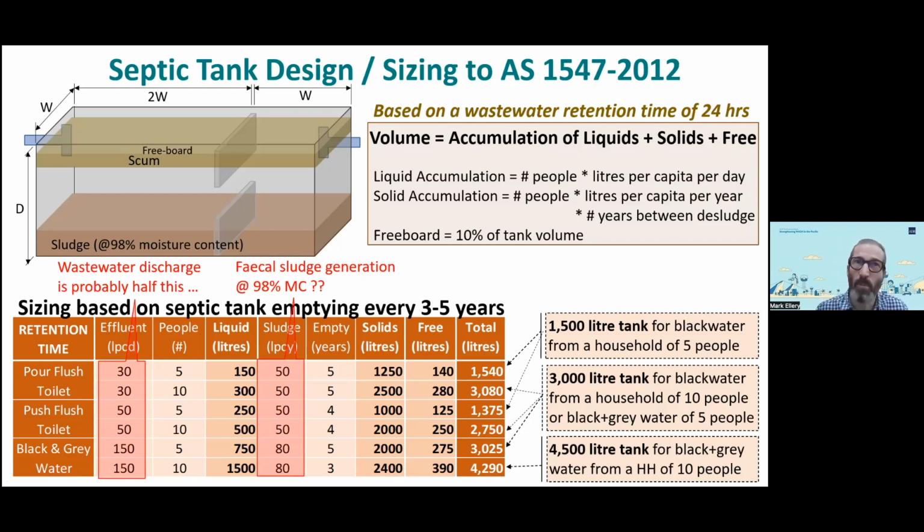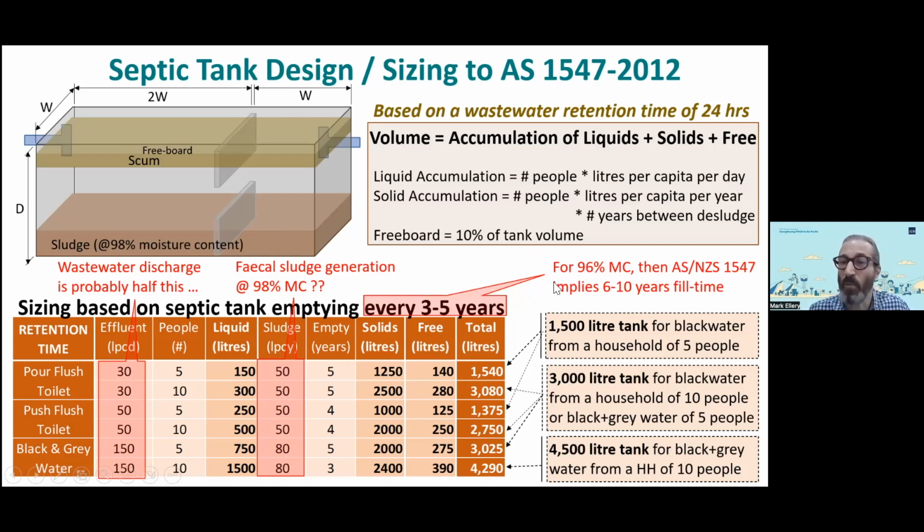But if you've got grey water, you've also got fat and skin, and a bit of food waste coming in. So the sludge accumulation rate is greater. So we need to allow for a greater accumulation if it's black plus grey. And that will give us our rate of accumulation of 3 to 5 years.